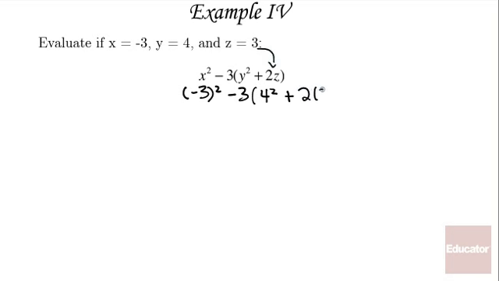So 2 times 3. Now I can go ahead and follow my usual order of operations. First, eliminate grouping symbols. So I go inside these parentheses, and I'm going to evaluate the power.